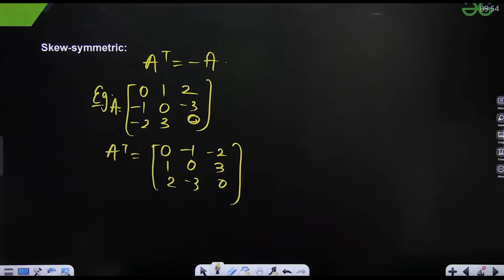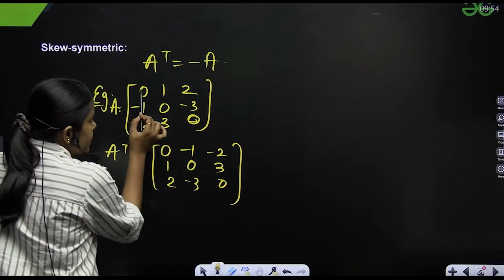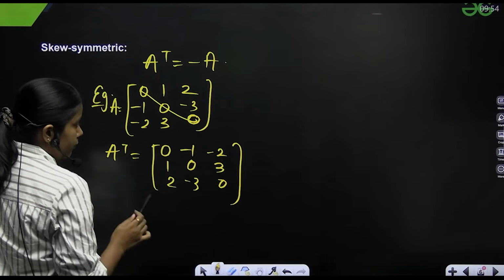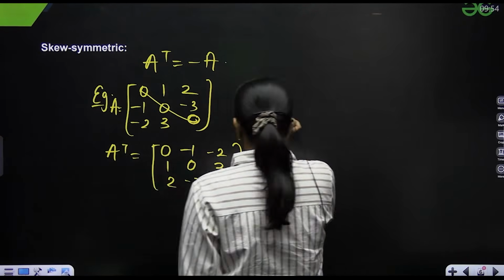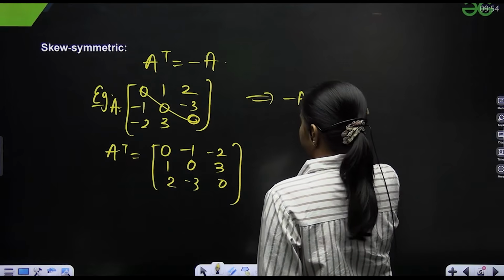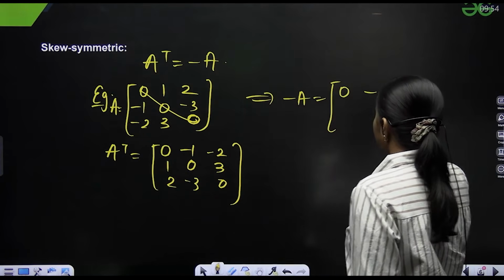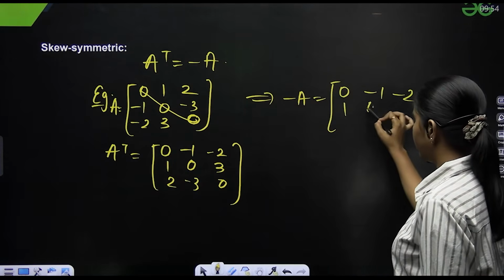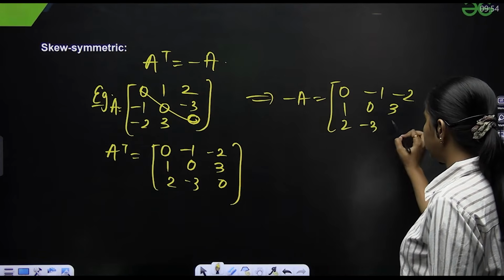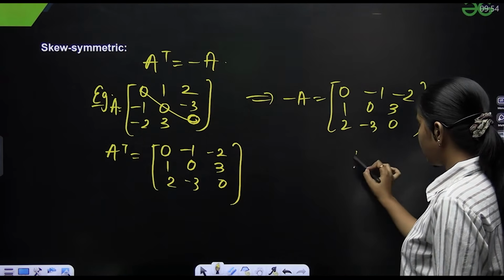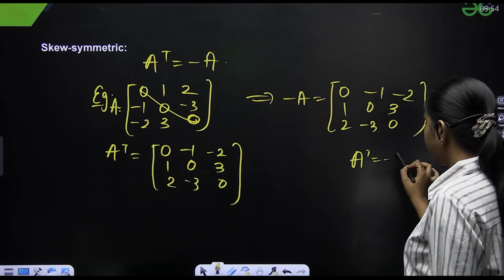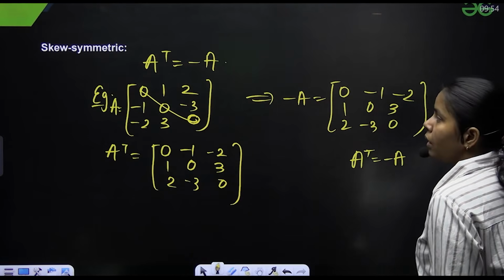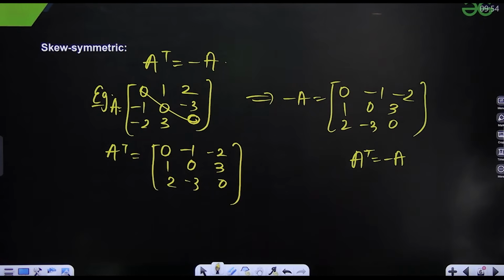But let's find out minus A first, then I'll tell you. Minus A would be 0, minus 1, minus 2, 1, 0, 3, 2, minus 3, 0. So you can see that A transpose is equal to minus A. So the matrix A is a skew-symmetric matrix.